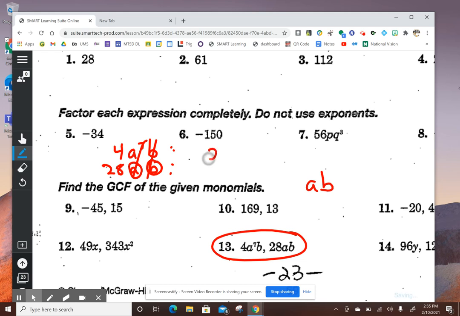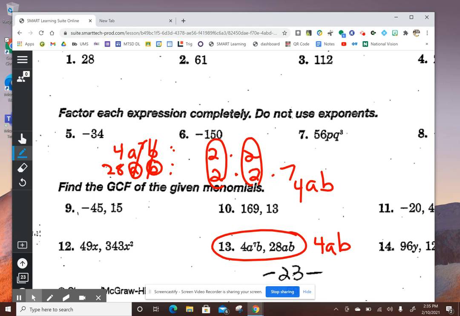Now, 4 is 2 times 2. 28 is 2 times 14, which is 2 times 2 times 7. So what they have in common is 2 and 2, which is 4. So this GCF would be 4ab.